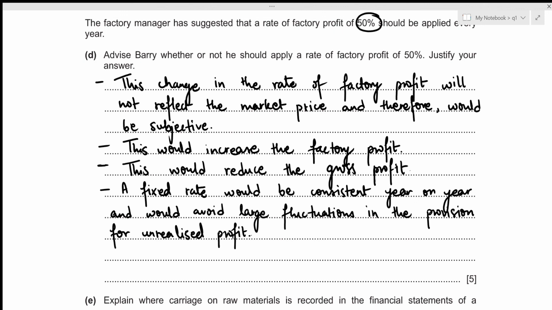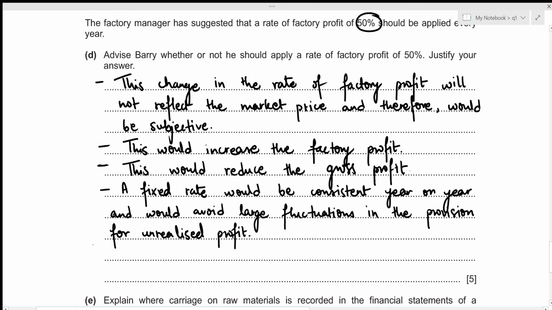Alright, now based on these factors, we need to advise Barry whether or not he should apply a rate of factory profit of 50%. So solely on the fact that 50% would not really reflect the market price, this can definitely drive our revenue higher, which means that we could possibly lose our customer base as well. So due to that particular reason, I would suggest that he should not apply a rate of factory profit of 50%.